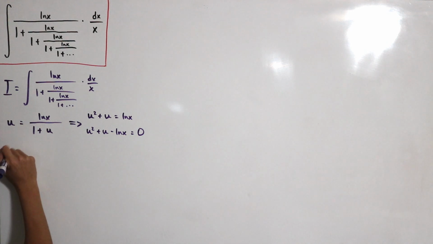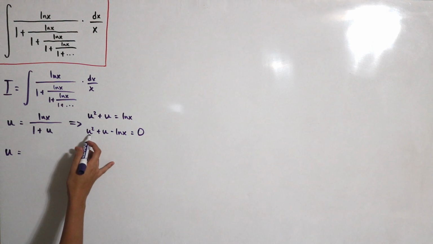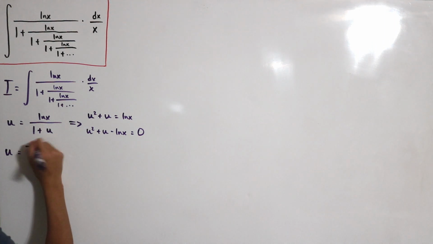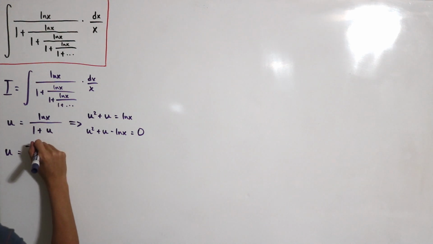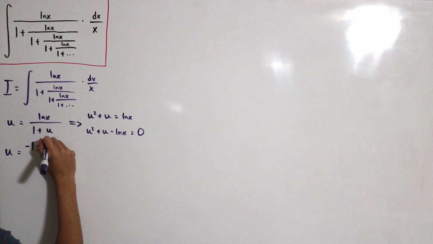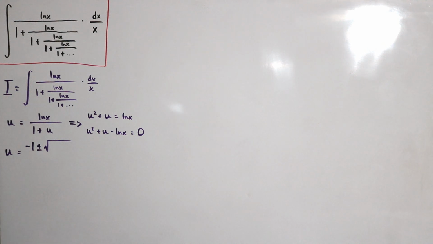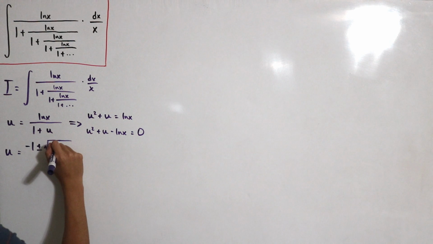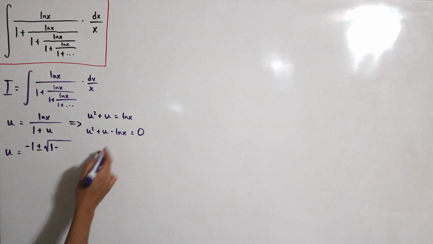So here we have that u is equal to, this will be negative 1, you just plug your a, b, c into the quadratic formula over here. So negative 1 plus or minus the square root of b squared, that's 1, minus 4 times a times c.